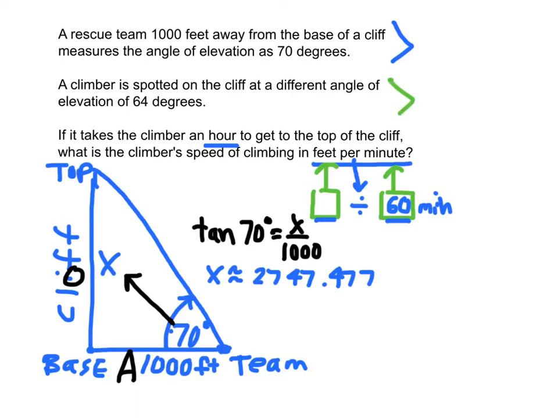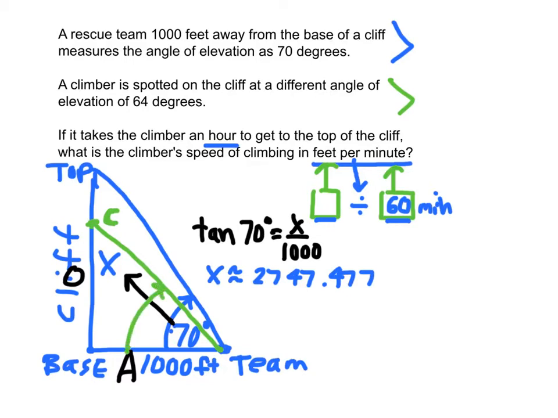The second sentence says that there's a climber actually on the cliff. So we'll put a C there for climber. The climber's on the cliff, and when the team is looking up at the climber, the angle is not as big as it was before. They don't have to look up as much.